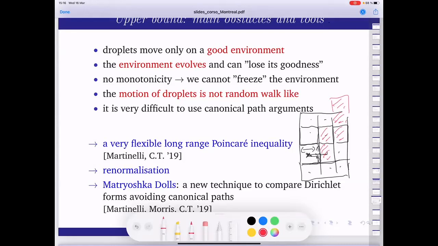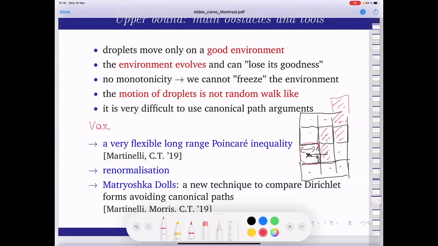So the first point is to study these renormalized dynamics, which at first sight has nothing to do with our real dynamics, but which allows us to obtain a key inequality, which looks more or less of this form.